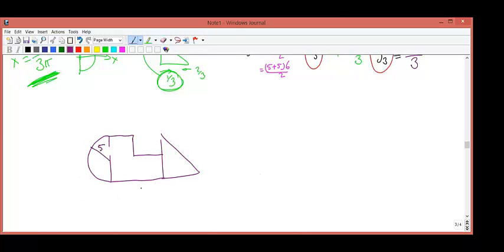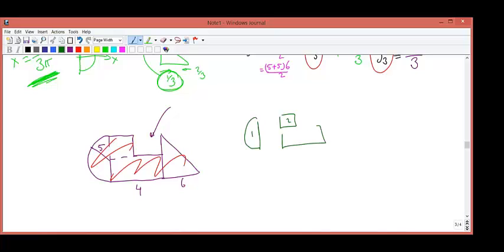This is 5, this is 4, this is 6. That means this is also 5. But I'm taking out this area out. So really, I just want this. You have different options. You can represent this as area 1, area 2, area 3, area 4. So far, so good?